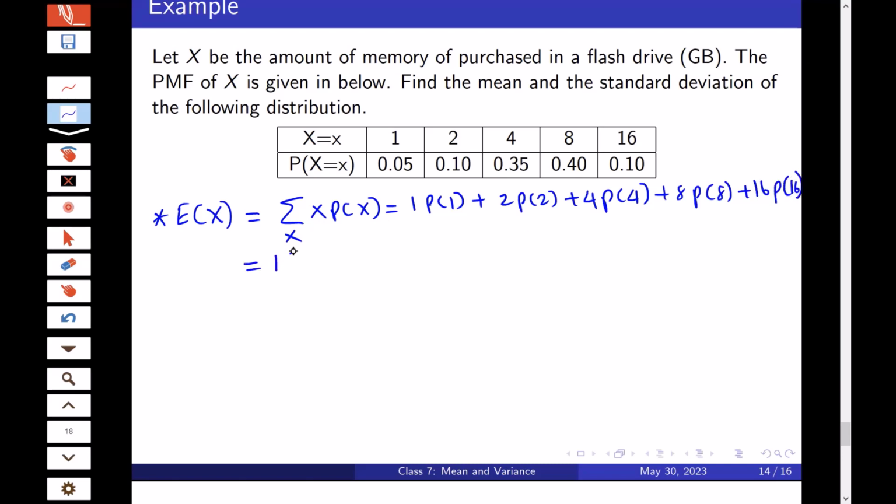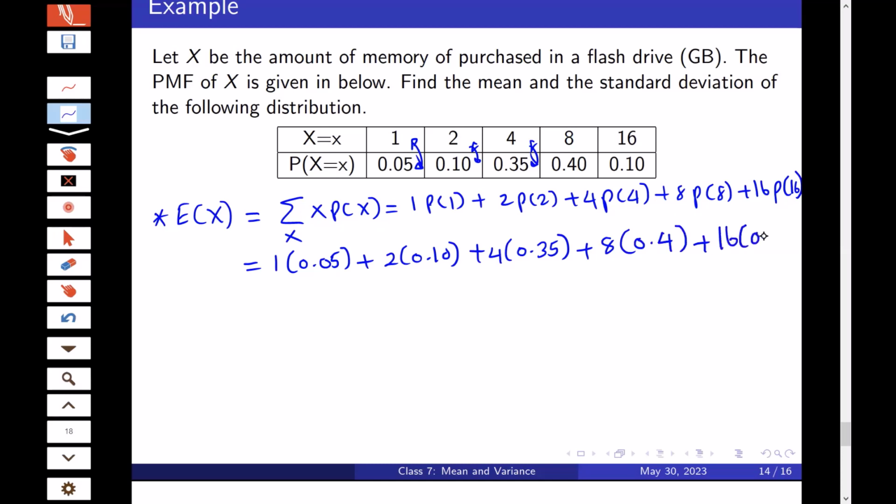Now plug in: 1 times 0.05 plus 2 times 0.10 plus 4 times 0.35. So you're multiplying these two, and these two, and so on, and then take the summation. 0.4, 16 times 0.1. So your mean and variance can be any real number.